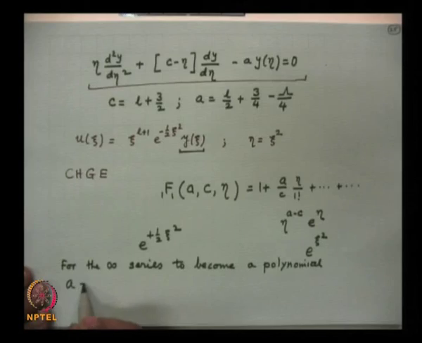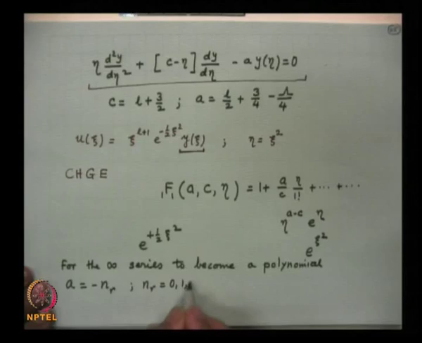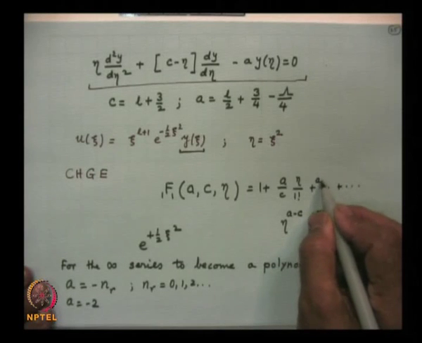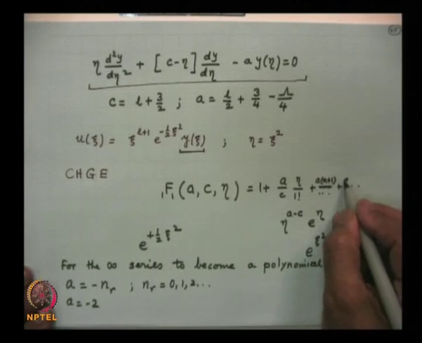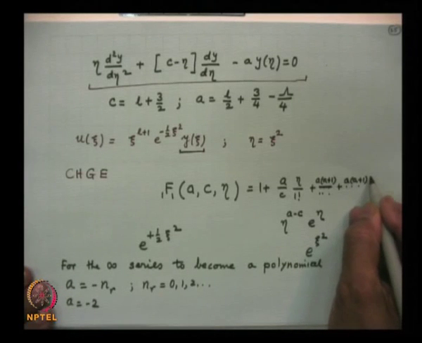a must be equal to minus n r, where n r can be 0, 1, 2, 3, because let us suppose a is equal to minus 2, then the first term will be a into a plus 1, the second term divided by something, then it will be a into a plus 1 into a plus 2.